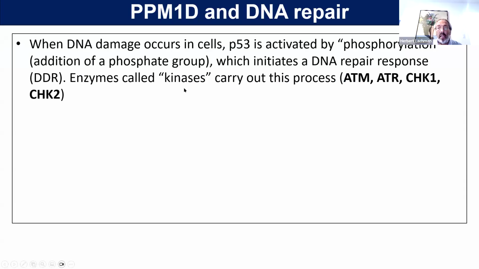DNA damage occurs in cells all the time, when a cell undergoes cell division, in response to infection, in response to other types of stress. DNA damage always occurs, and we have very, very sophisticated DNA repair processes, many different pathways that will repair the DNA damage depending on the type of damage that occurs. And p53 is a major factor.